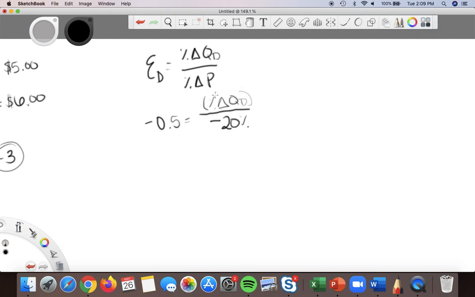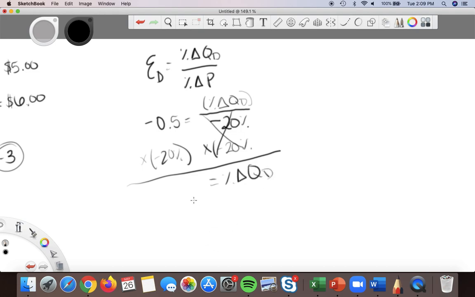So to find this missing term, all we have to do is take this divided by negative 20% and multiply it over. So using your algebra skills, multiply both sides by negative 20%. On this side, they cancel out. And so on this side of the equal sign, I'm left with the percentage change in quantity demanded. And now I've got a negative 0.5 times a negative 20%.